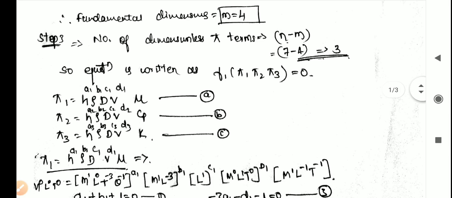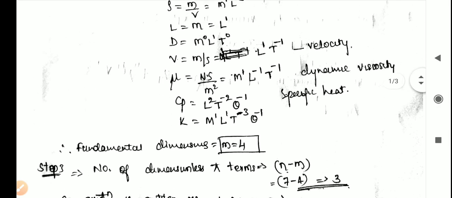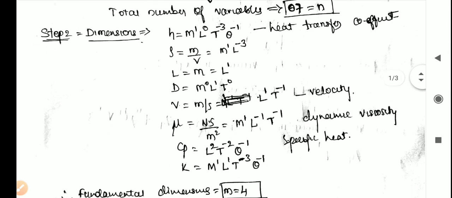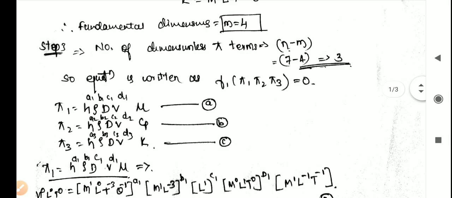So pi 1 becomes h raised to a1, rho raised to b1, d raised to c1 and v raised to d1 and mu. Okay, here we have to consider first 4 terms, h, rho, v and d. Okay, and remaining parts are mu, cp and k, right? So first term is mu, second term is cp and third term is k.